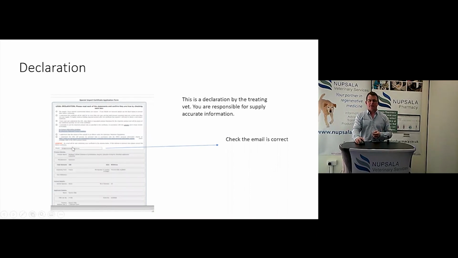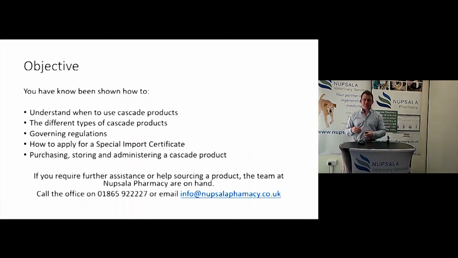Make sure that it is what it should be. That will then give you the SIC. And you are going to hold it for the period of time. It should be either downloaded onto the clinical notes of the patient, or you should hold it in the practice for the predetermined time that the VMD and the veterinary medicine regulations inform you to do so.